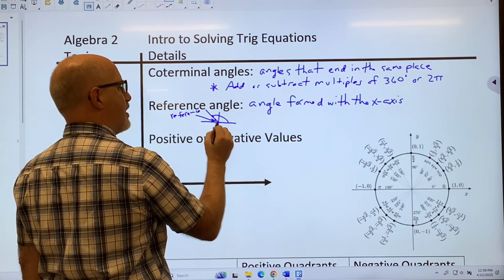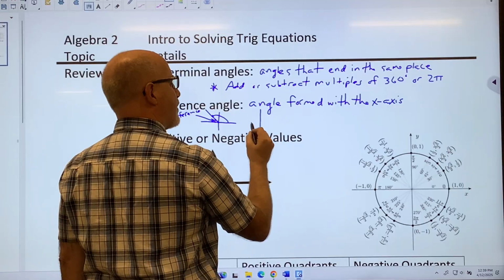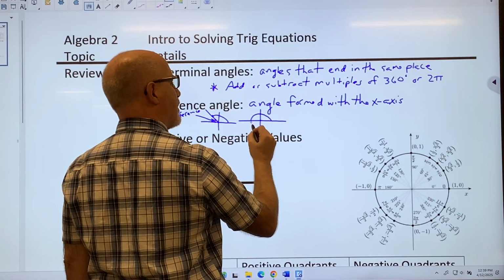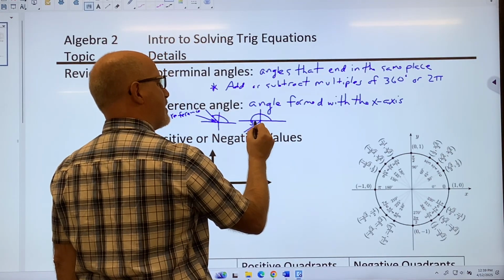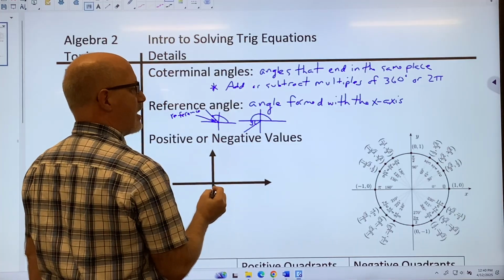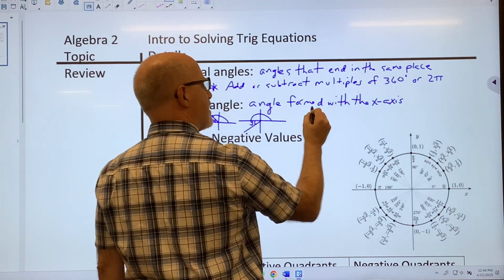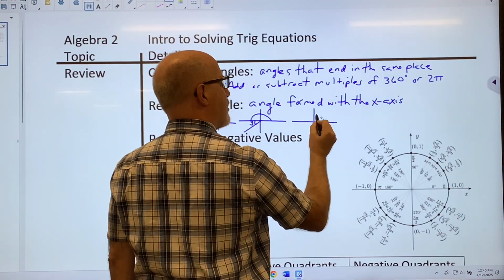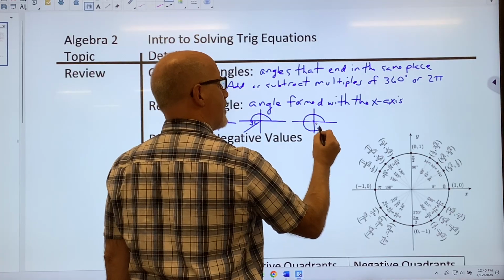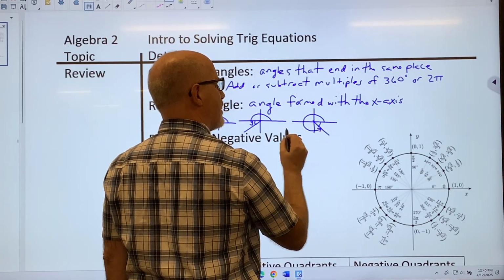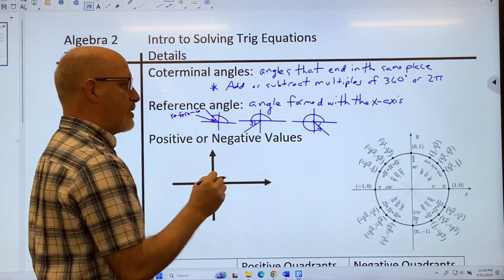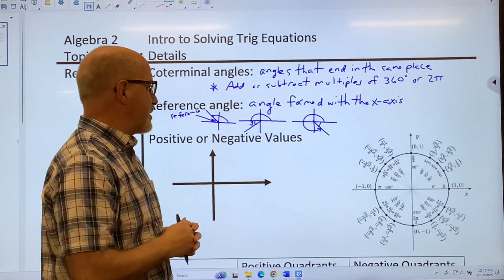So just that little angle there. If we're in the third quadrant, so we rotate around over here, this angle here is your reference angle. That's the angle with the x-axis. And if we rotate all the way over into the fourth quadrant, this angle here is your reference angle. So it's the angle formed with the x-axis.